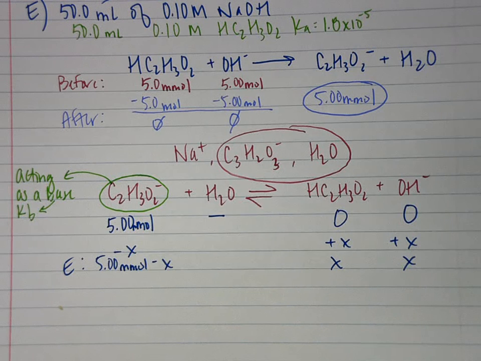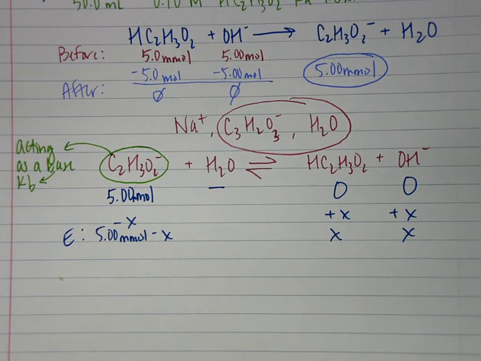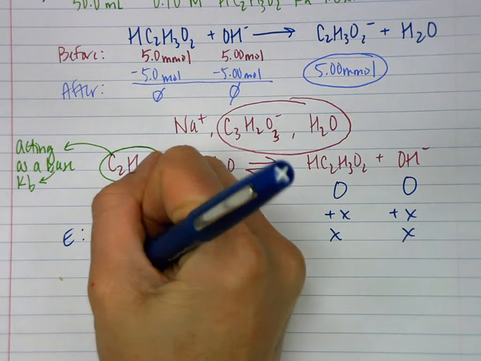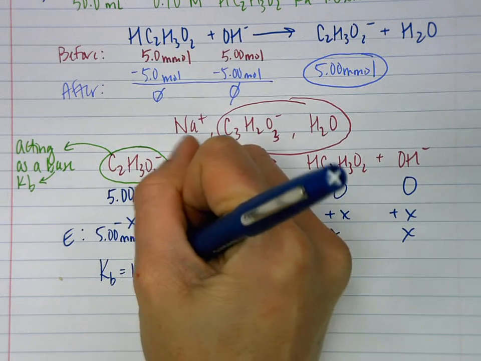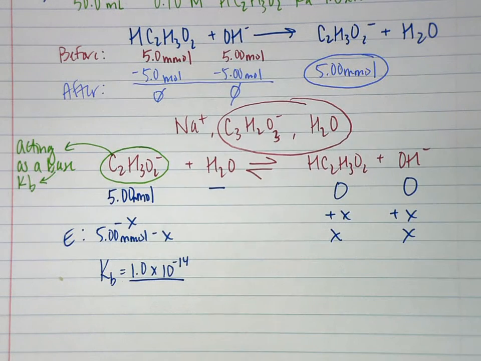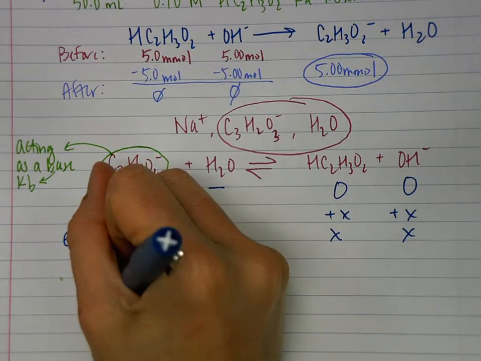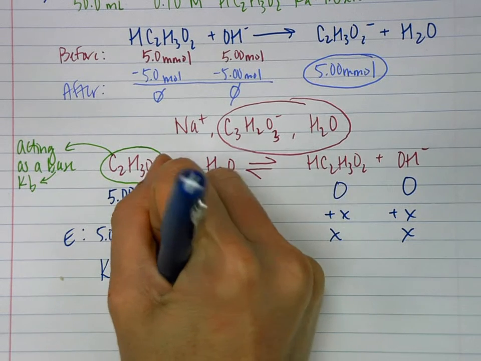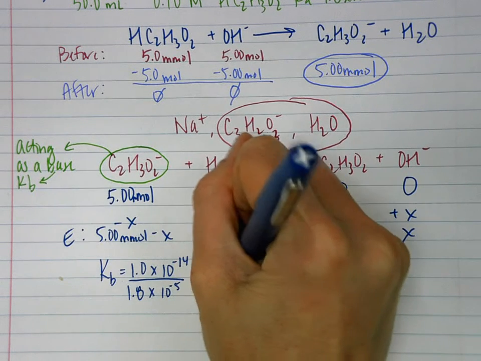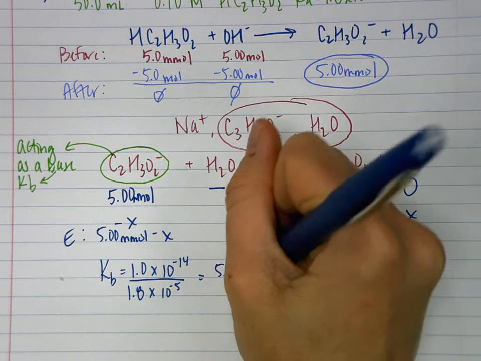So we need to solve for the Kb, because remember this is acting as a base, so we know Kb is 1.0 times 10 to the negative 14 over the Ka, which was given as 1.8 times 10 to the negative 5, which gives us 5.6 times 10 to the negative 10.